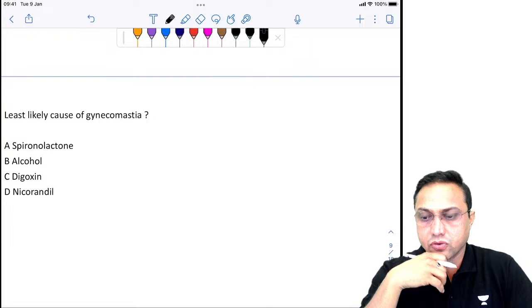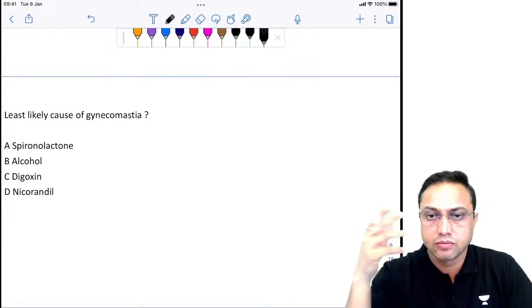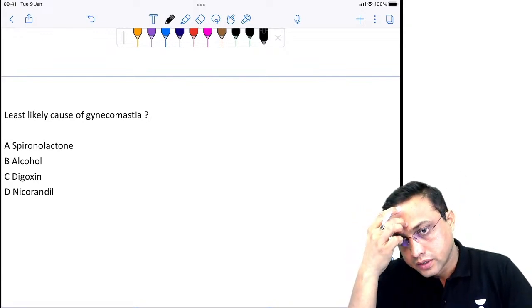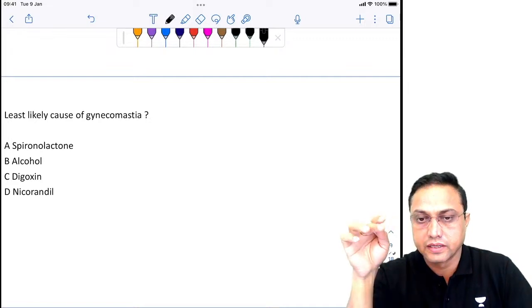Gayatri, you are saying spironolactone is the cause of gynecomastia, or it does not cause gynecomastia? I am not getting your answer. What do you want to say? Please write the options A, B, C, D.